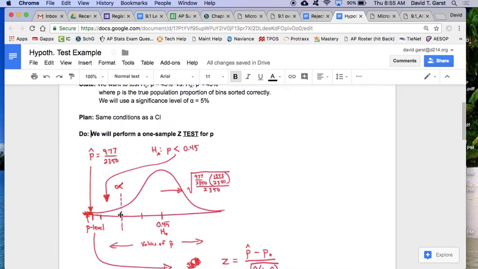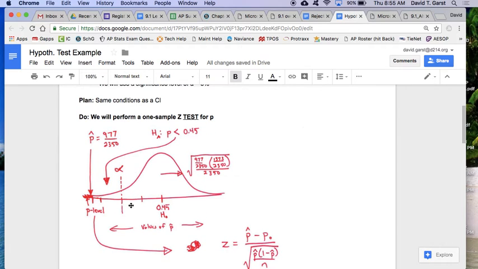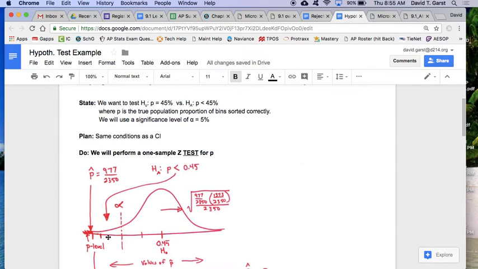Any sample that would come in below that alpha level would tell us we have evidence to reject the claim of 45%. And in this case, it's 977. So how would we figure out what this sample is compared to the 45%? This goes back to Chapter 2, a z-score. We're going to calculate a z-score just like we did back in Chapter 2. It's called a test statistic.